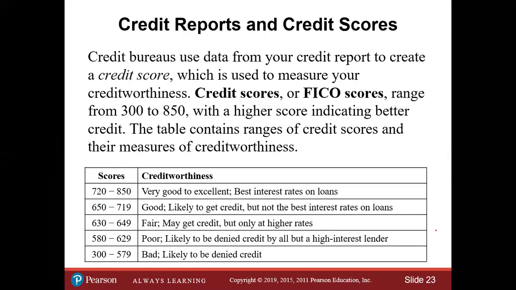The credit scores themselves. You get a credit score that takes into account all of the information in your report, and they rank you from 300 to 850. A lot of businesses will use that score as a quick indicator of your creditworthiness. As you can see in the table, 300 to 579 is considered bad, and then it goes up from there.